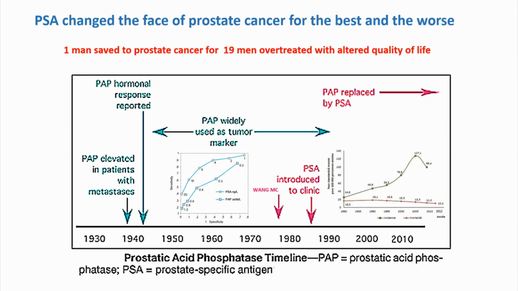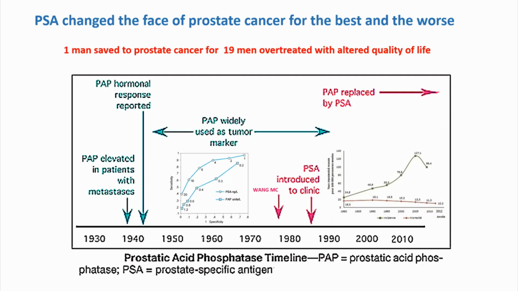And you can see that from this discovery and its introduction into practice, the number of prostate cancers, the graph on the right, increased dramatically, and also the mortality from prostate cancer decreased slowly.